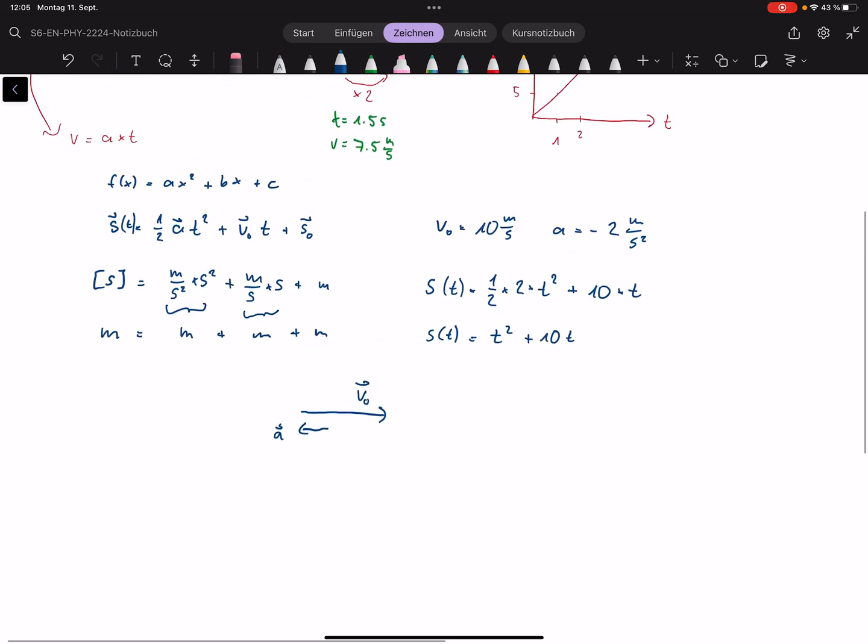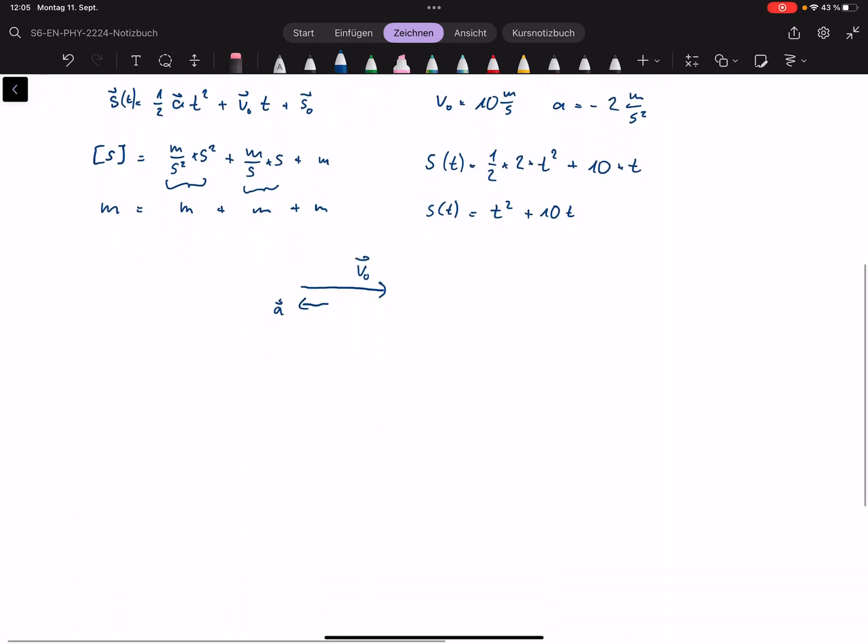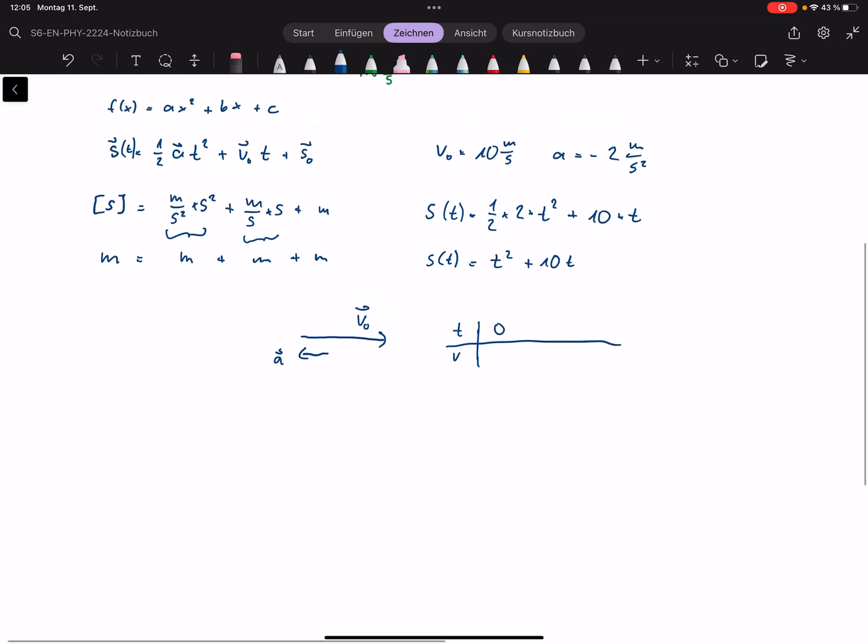And by multiplying the a with t, we solve the problem with the units, and we create another table of values. And we see that at the time 0, we know that velocity was 10.